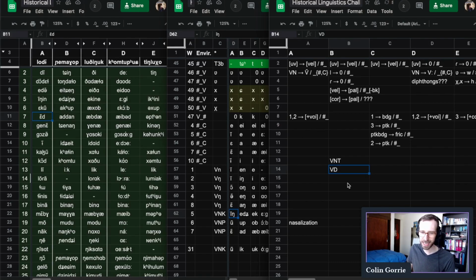So I'm using T as cover for any stop, D as cover for a voiced stop, and N as cover for any nasal. We also have vowel and then prenasalized stop options.